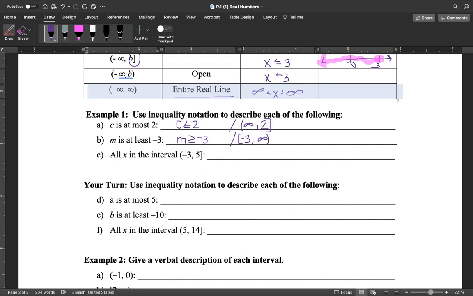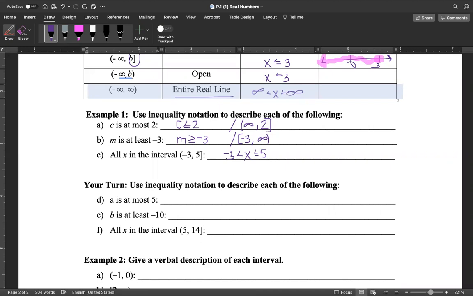Okay. Now the next one says all x in the interval -3 to 5, including 5. So this right here, since I have 2 values, my x is going to be in the middle. It's going to be less than or equal to 5 because 5 has the bracket. -3 just has a parenthesis, so that's -3 there. Okay. And we're all done.